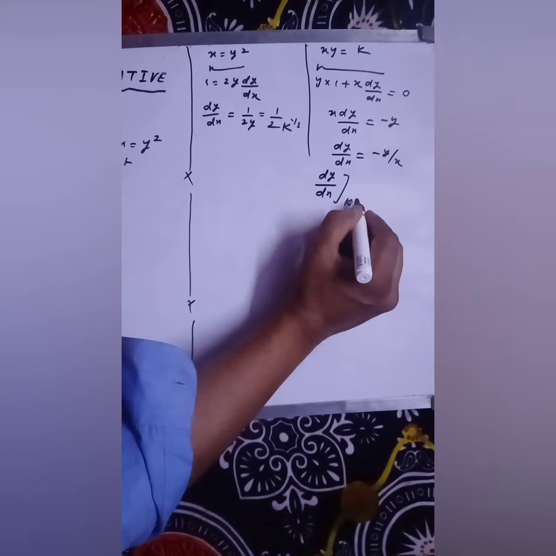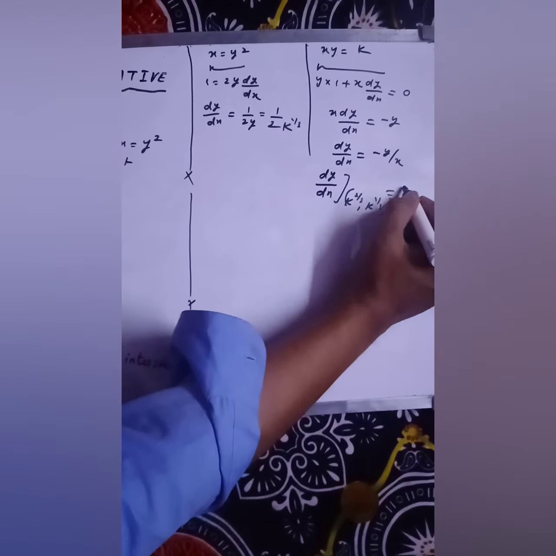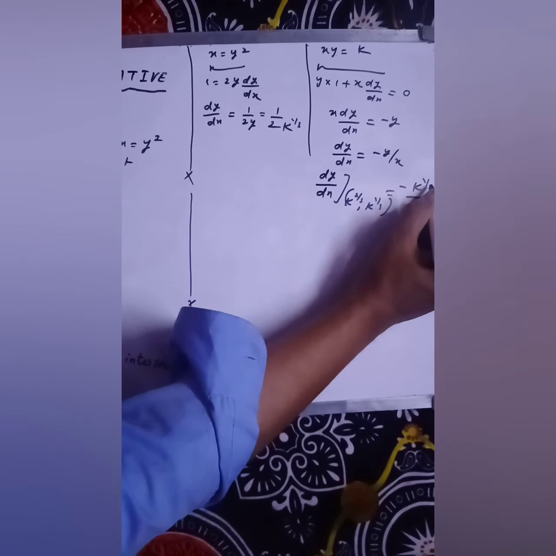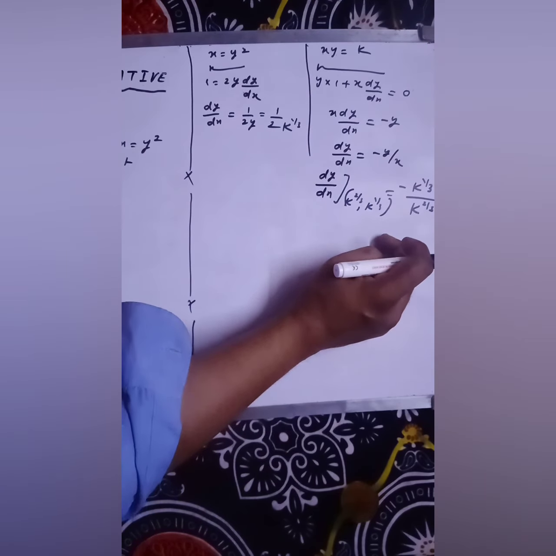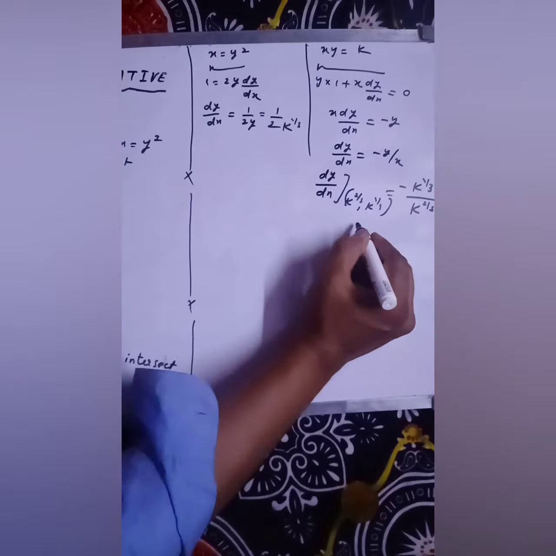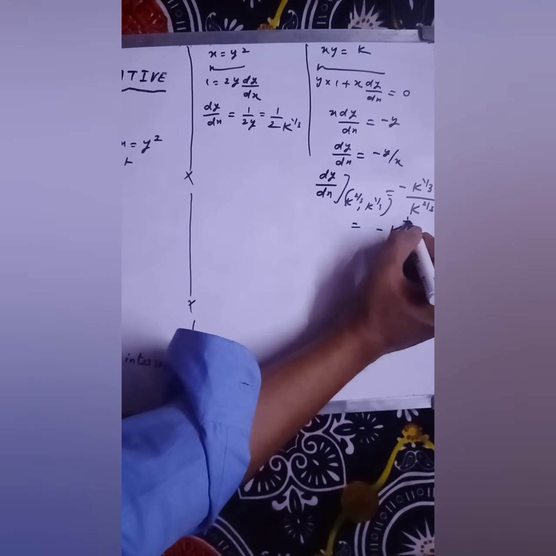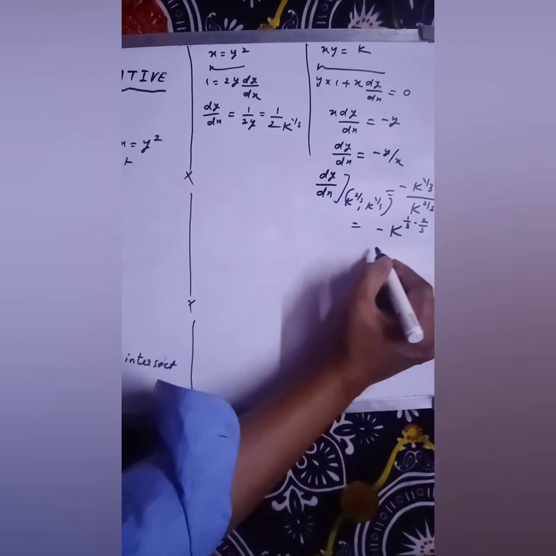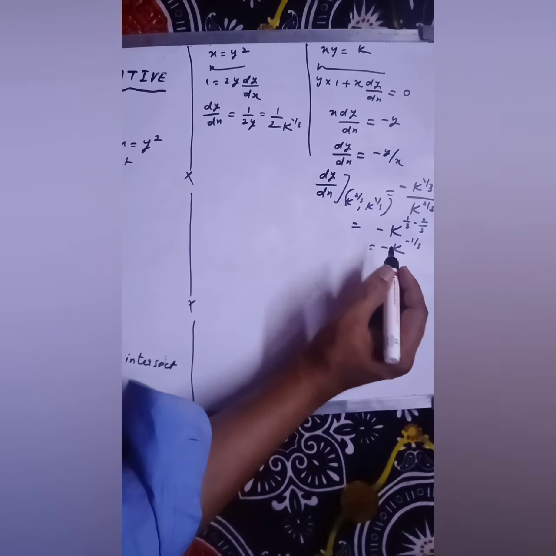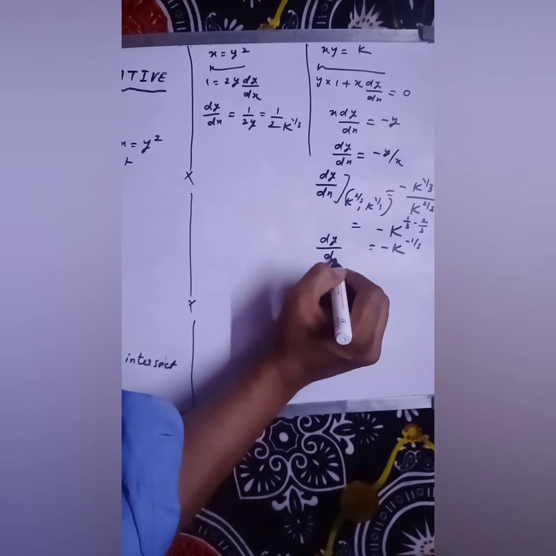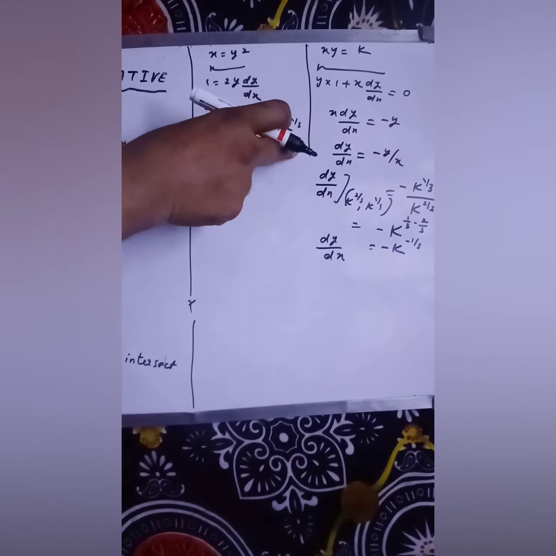Your x is k raised to the power 2 by 3 and your y is k raised to the power 1 by 3, and you will get minus k to the power 1 by 3 minus 2 by 3, and that is minus k to the power minus 1 by 3. Okay, this is the slope of the second curve, this is the slope of the first curve.